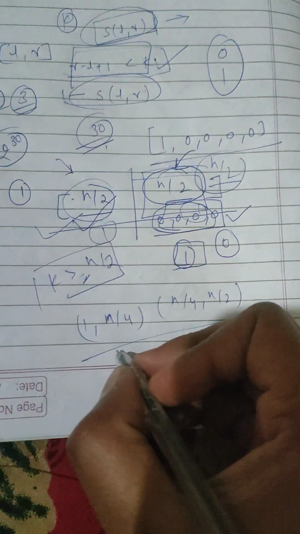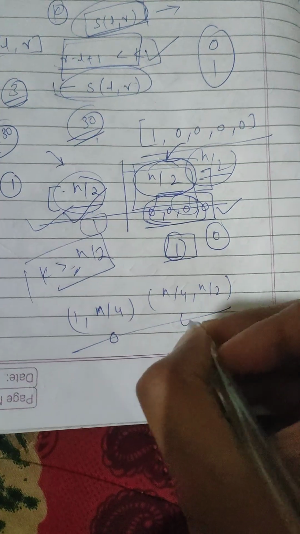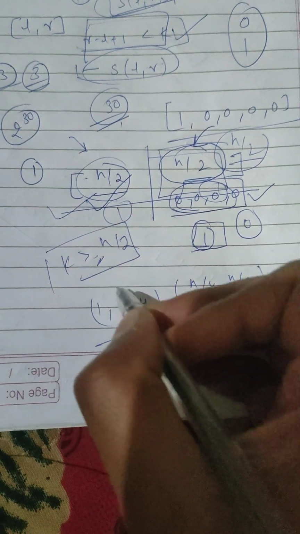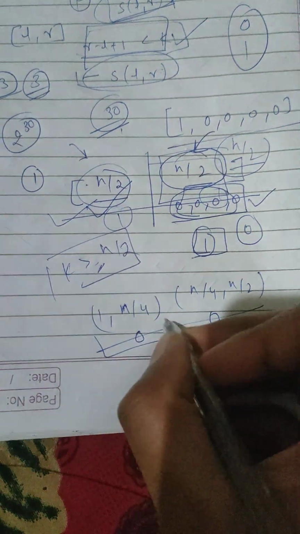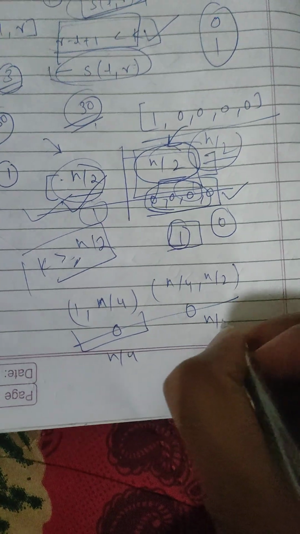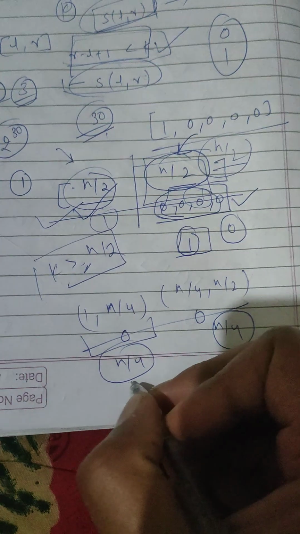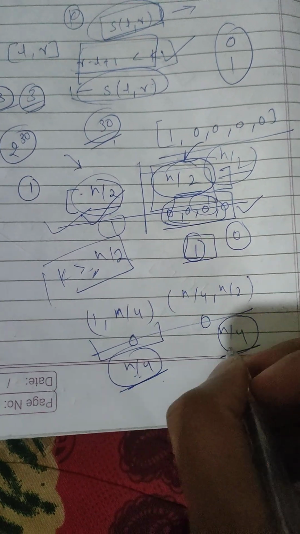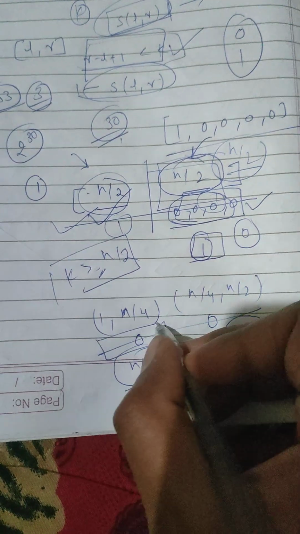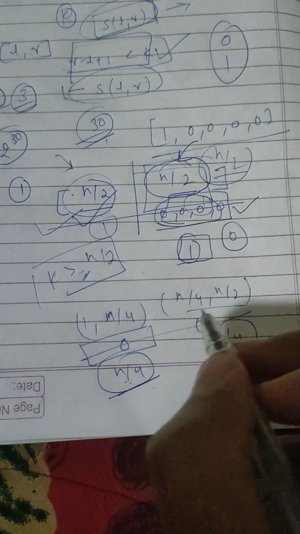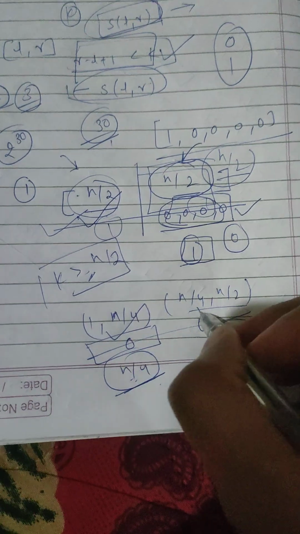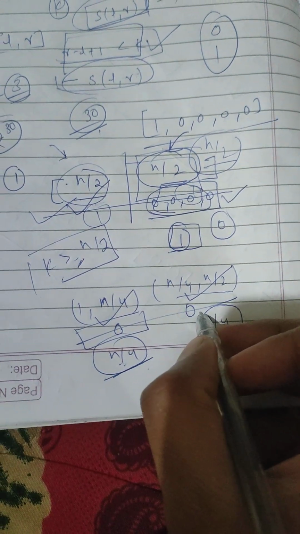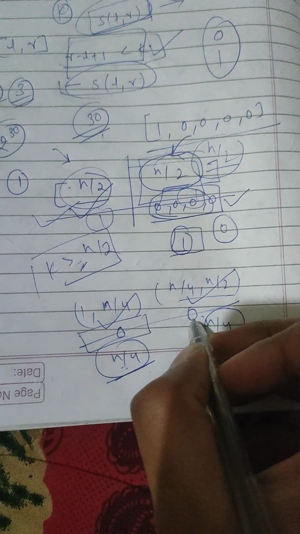Suppose we are getting 0 from here and 0 from here also. k is anything, because we are giving a range of n by 4 in both, so even if it gives right or wrong, that doesn't matter because the range is the same. If it gives wrong, both will be wrong, and if it gives right, both will be right. So suppose we got 0 and 0.